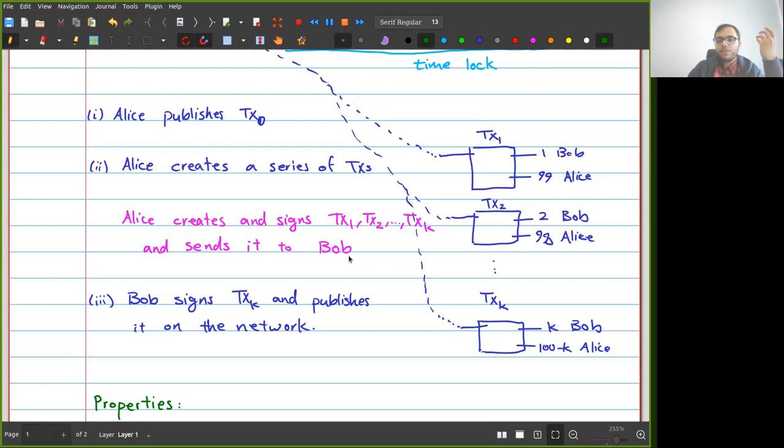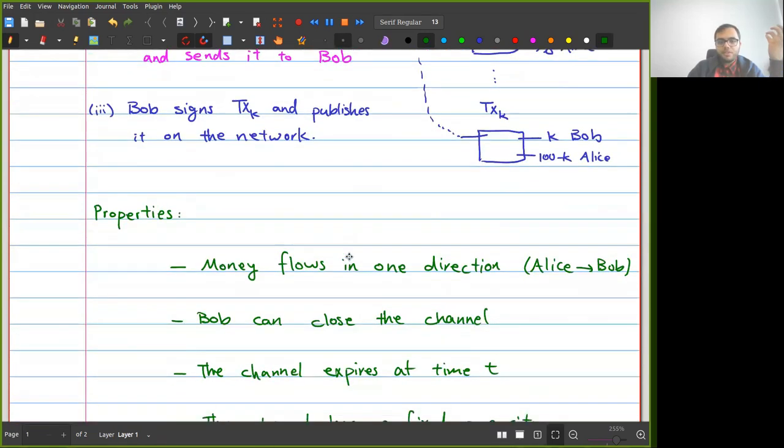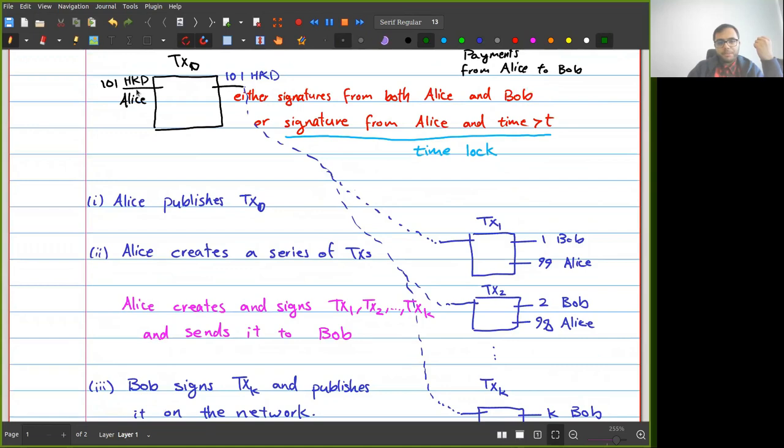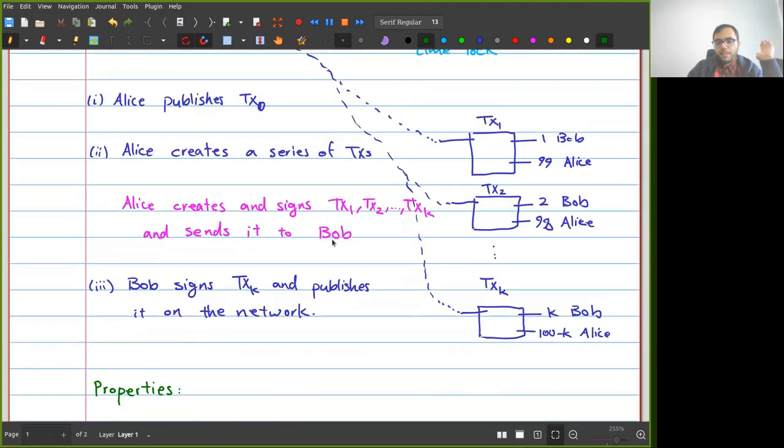And the entire reason for that is that I don't have to wait for confirmations here. As Alice, I can just send this transaction to Bob. And since I've already deposited the money sometime in the past, Bob is sure that he can always settle these payments. Bob can put the very last transaction on the blockchain at any time and get his money back.